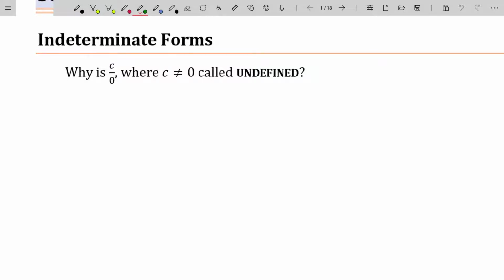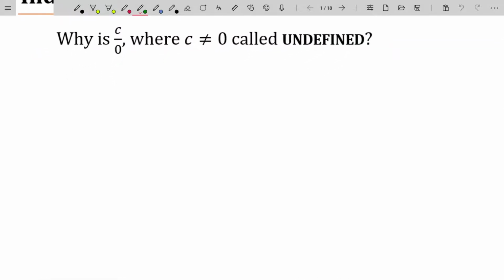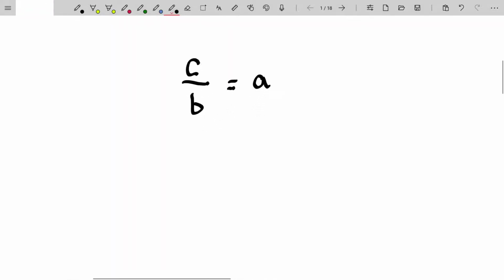So let's rewind the tape a little bit to our pre-algebra days and ask, why is C over 0, where C is non-zero, called undefined? The reason is because technically division, or this notation that we have for division, is a shorthand notation.